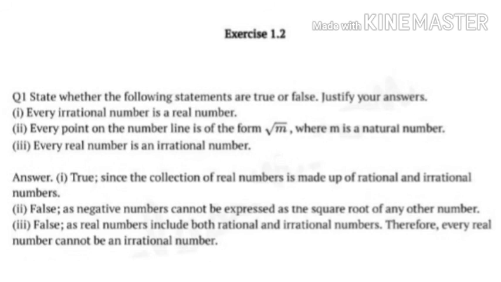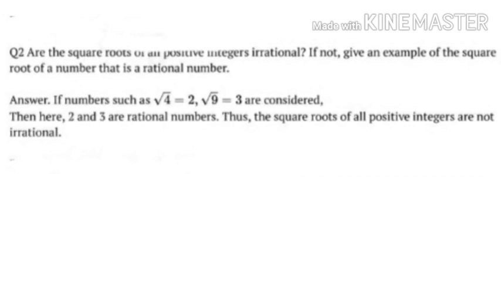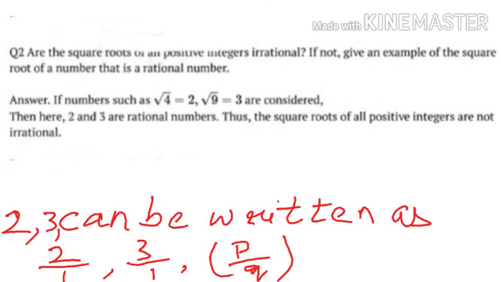Second question, are the square roots of all positive integers irrational? If not, give an example of the square root of a number that is a rational number. The same thing that we discussed in the first question. See children, if you get root 4, root 9, root 16, then what we will get?